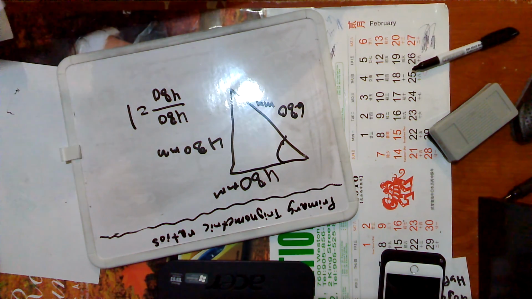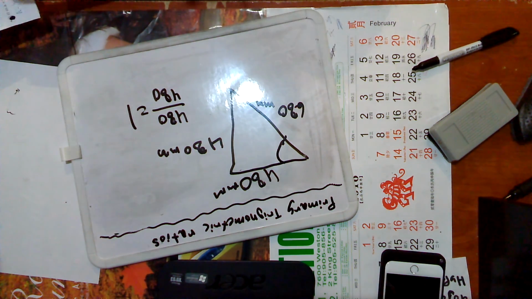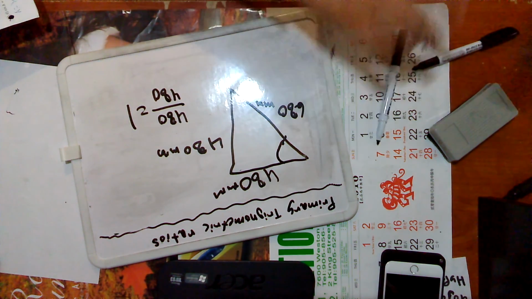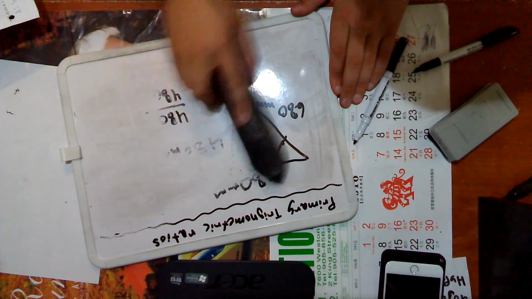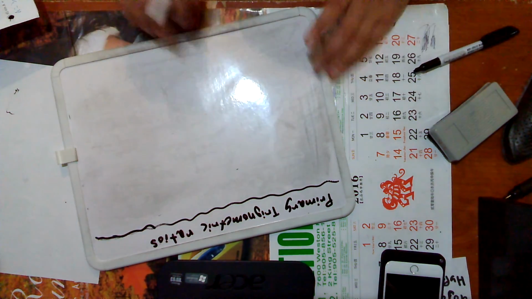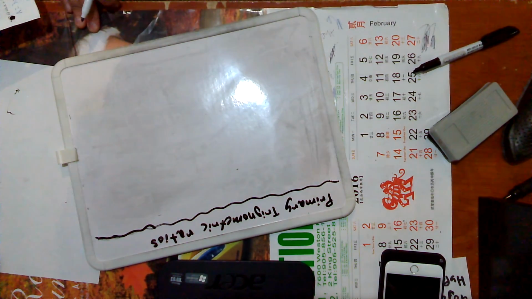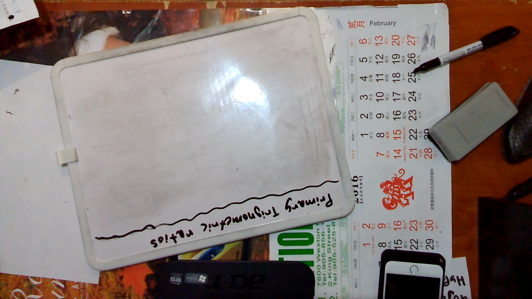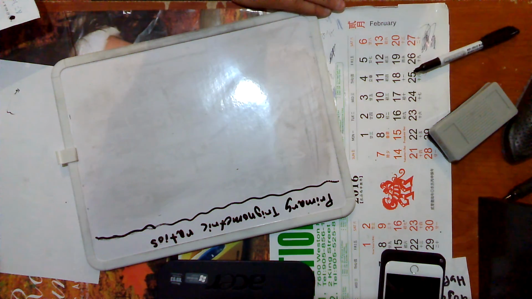So now you should be familiar with these primary trigonometric ratios. We are not done yet. There's still more content to this. Now let's say we're going to use a scientific calculator. Got my phone, scientific calculator.